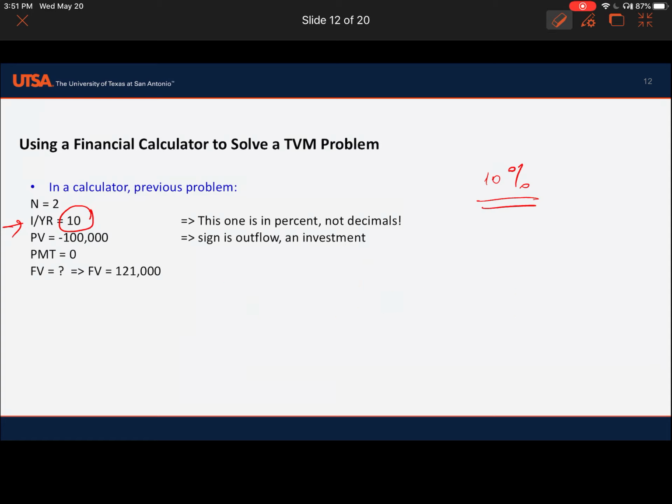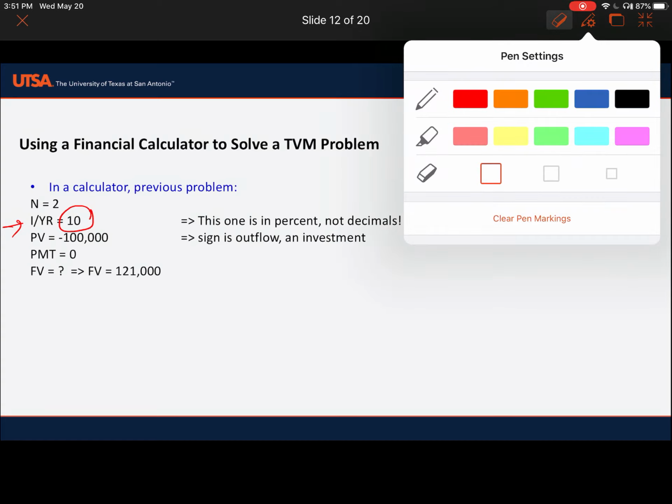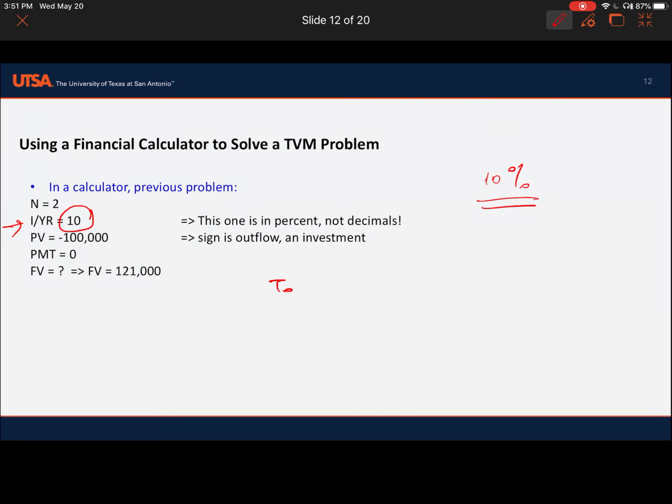Okay, so you have time 0 and time 1, minus 100,000, and this is present value. You're investing $100,000, and you should give a negative sign, and you have interest rate 10%, and the question asks you what is the future value here.